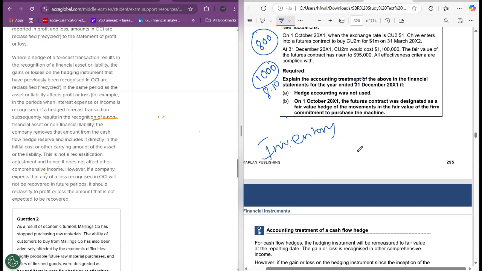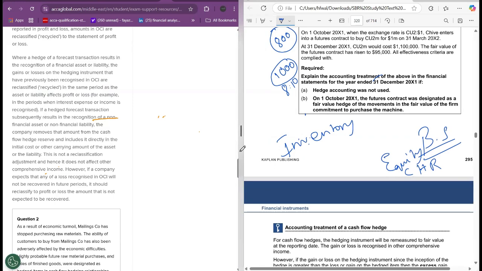Let's just write it down here. Balance sheet, cash flow hedge reserve, under the equity section: whatever gains and losses are there will go and be adjusted to the carrying value of the inventory. So you continue to recognize it according to lower of cost and NRV, but you will also include these gains and losses associated with the item in the inventory.